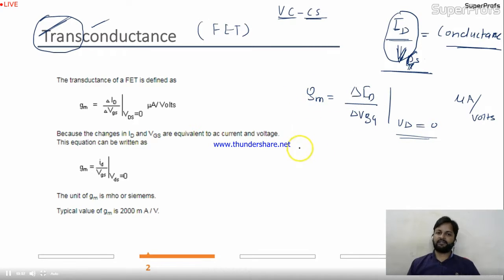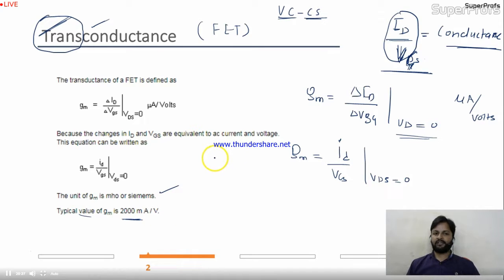Because the changes in ID and VGS are equivalent to AC current and voltage, the equation can be written as GM is ID by VGS if VDS is equal to 0. Is it okay? So the unit of GM is mho or Siemens. Typical value of GM is 2000 microampere per volt.